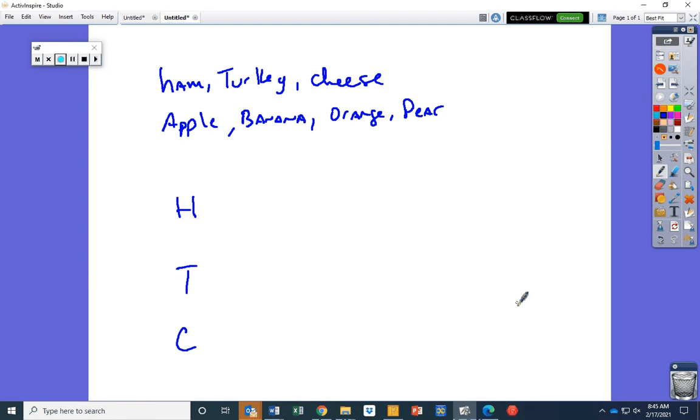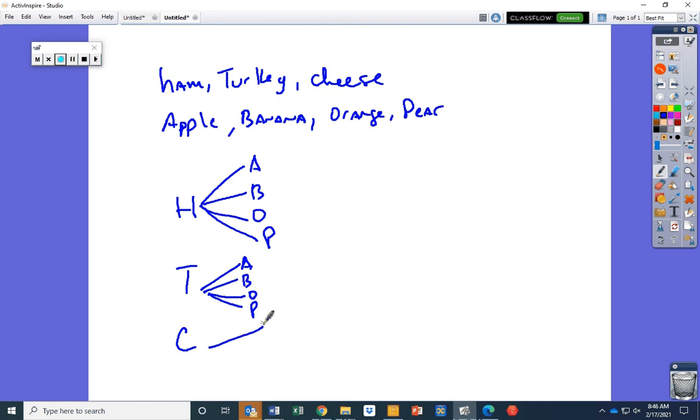Now, with each one of these, you can get a ham. What can you also get for your second choice? An apple, a banana, an orange, or a pear. If you choose a turkey sandwich, you can get an apple, banana, orange, or pear. If you chose a cheese sandwich, you get apple, banana, orange, or pear.